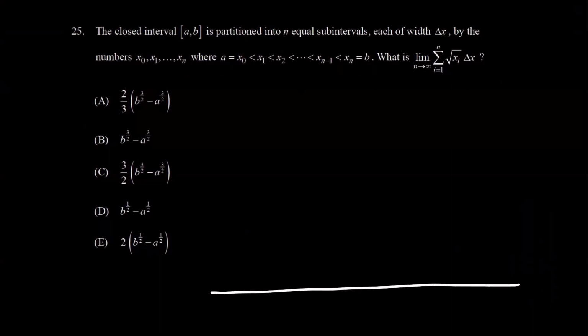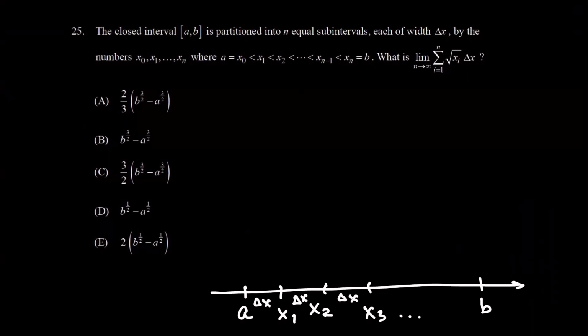So this is the x coordinate, the x line. And so we have here a, we have here b, and then we have points x1, x2, and x3, and so on. And this is delta x, this is delta x, this is delta x as well.